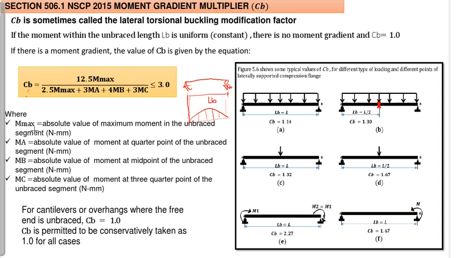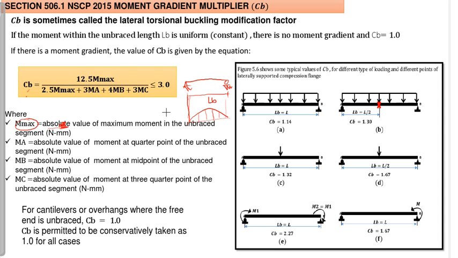This is in Newton mm, kilonewton mm, or any unit of moments within our unbraced length, including the endpoints of our unbraced length. So, pag sinabi nating absolute, always positive yan. Kahit sabihin natin yung maximum moment mo sa bending moment diagram mo is negative, i-absolute value mo siya, kaya yung Mmax natin is always positive. Okay?